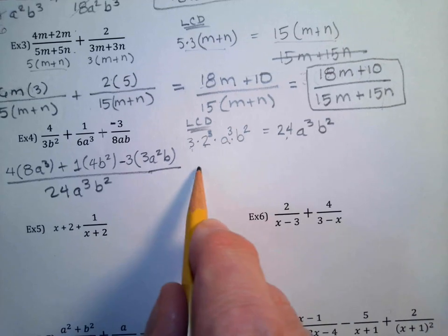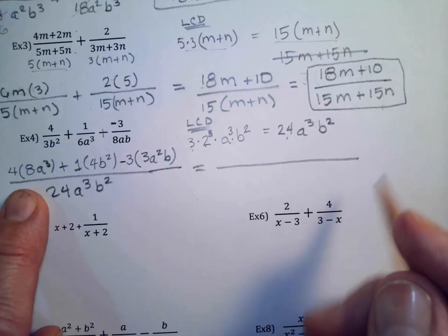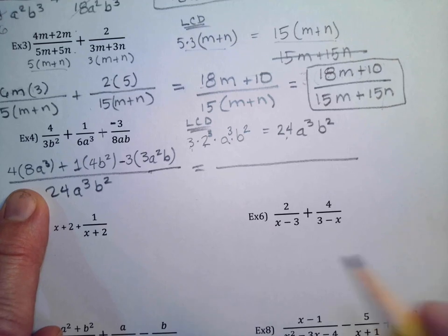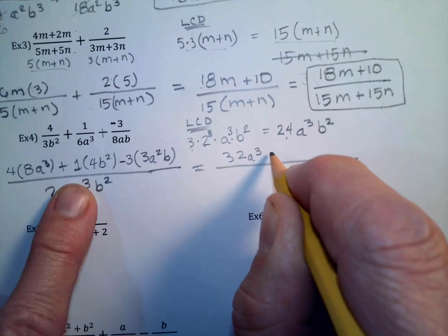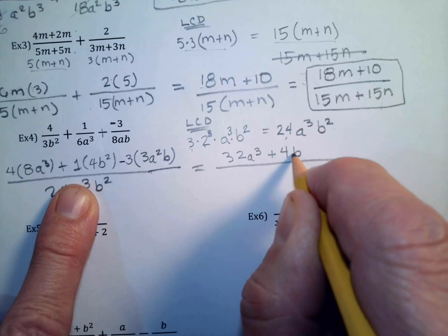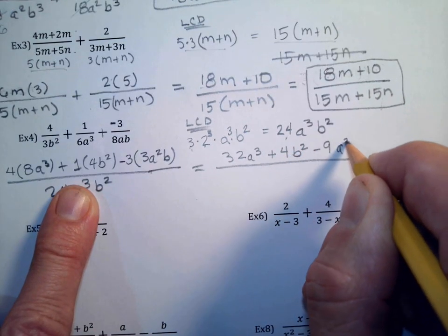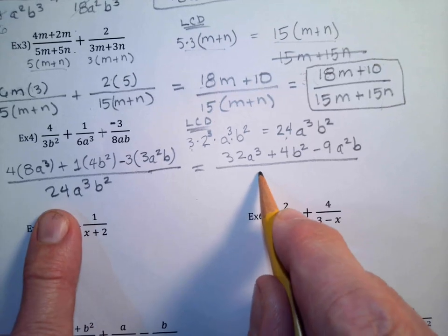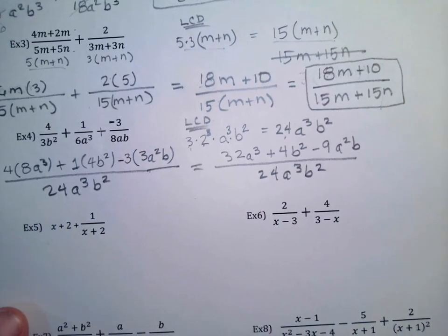Okay, and so let's rewrite that now, simplifying the top. That's going to be 32a cubed plus 4b squared minus 9a squared b all over 24a cubed b squared.